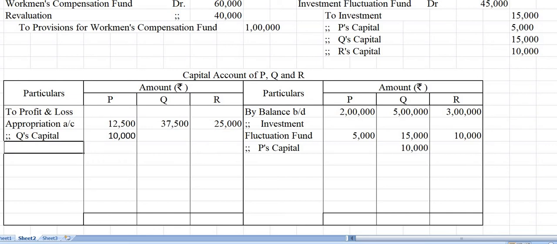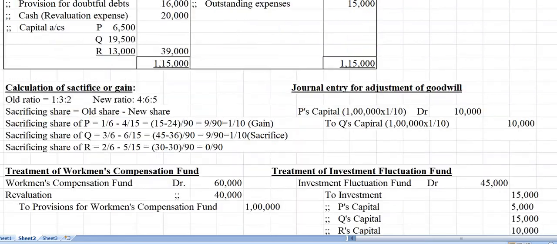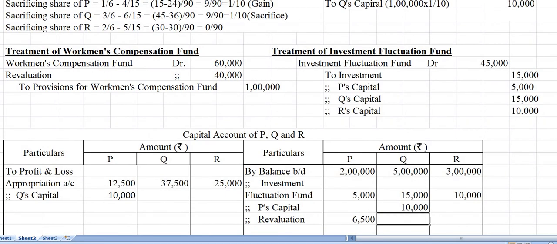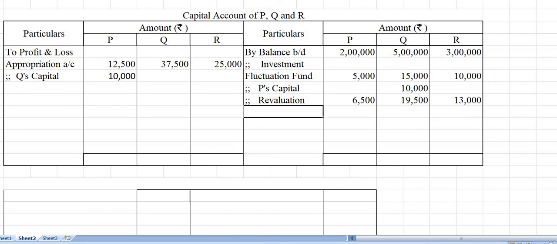Then revaluation loss is there, that will be shared among partners, that we have written here 6,500, 19,500 and 13,000. So that we will write here. We have written in their capital account.